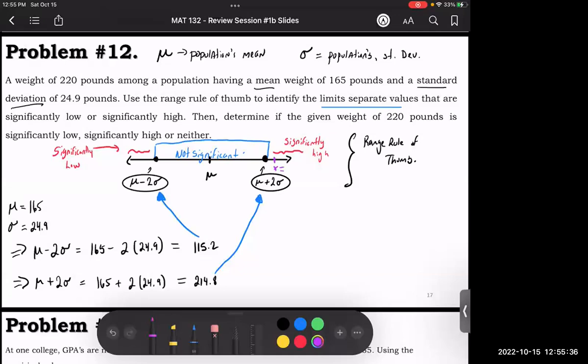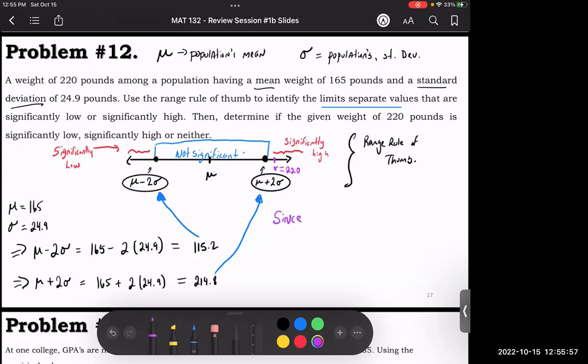So if x is equal to 220 and it's to the right of one of our limits, is this value significantly high, low, or neither? High. Yep.